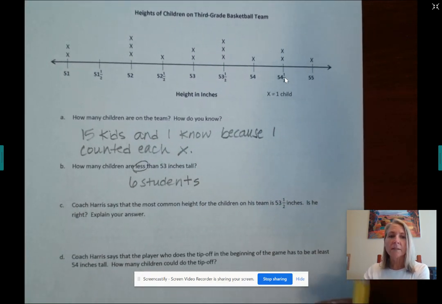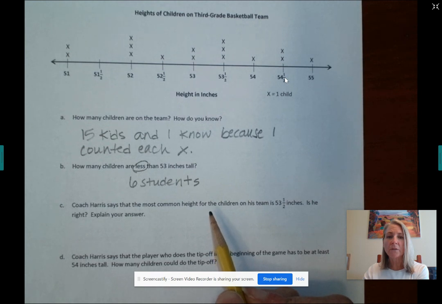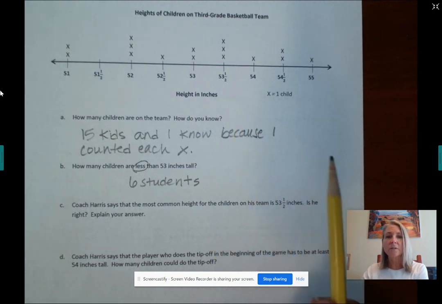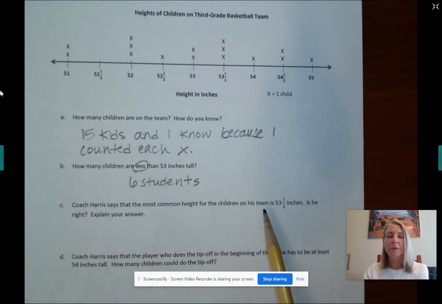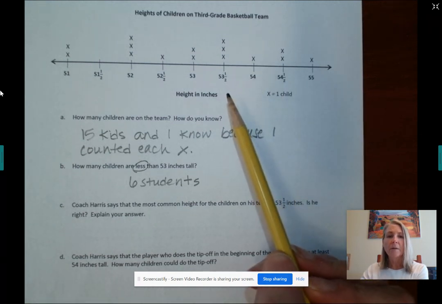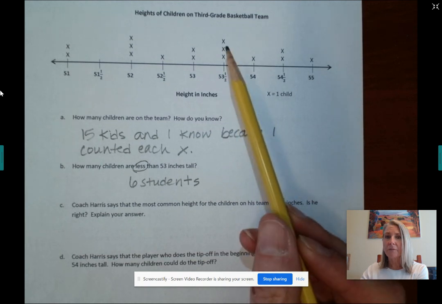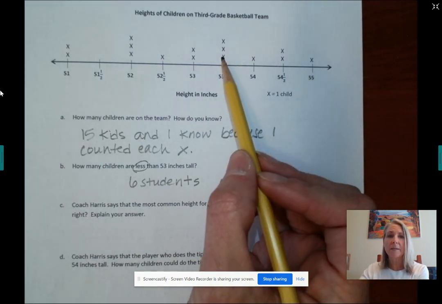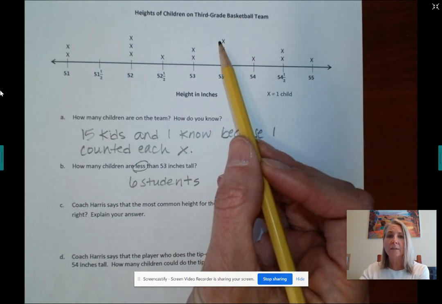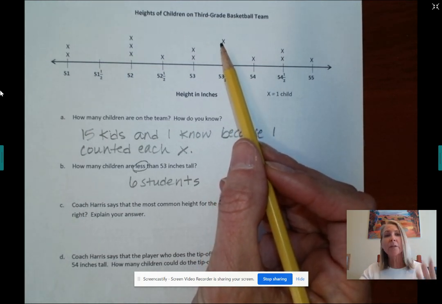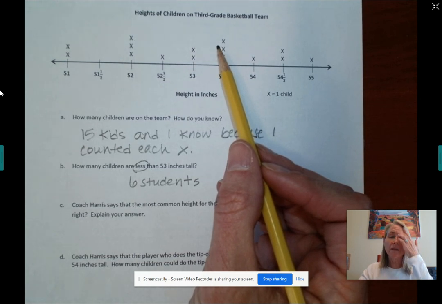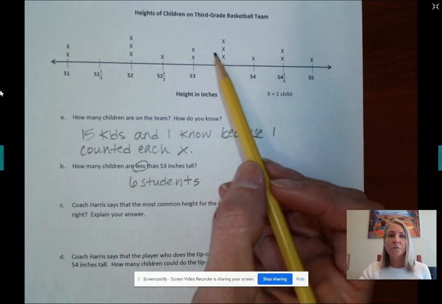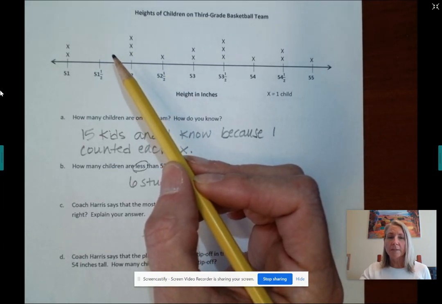Coach Harris says the most common height for the children on his team is 53 and a half inches. Is he right? Explain your answer. Well, 53 and a half definitely is a common height, and we know this because it has 3 students. But if we look at our full number line, what do you notice?